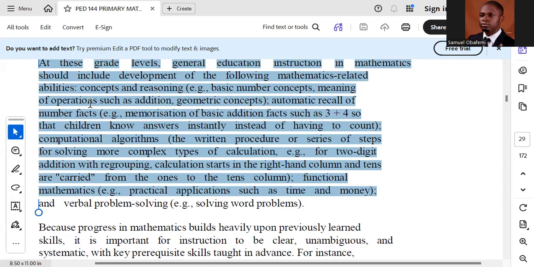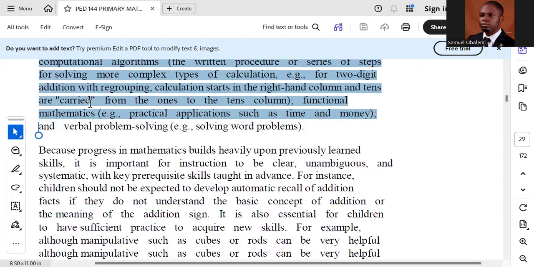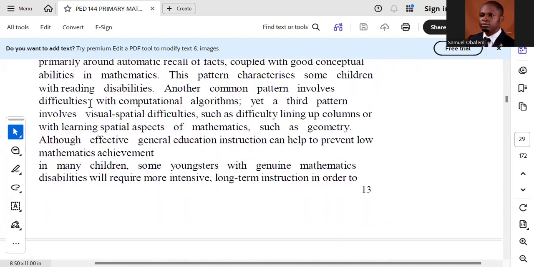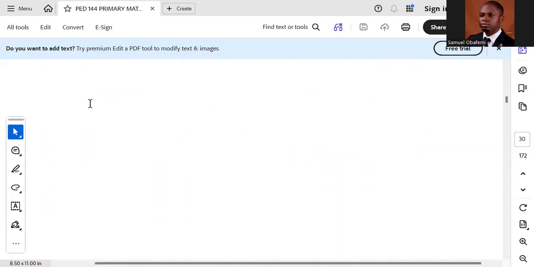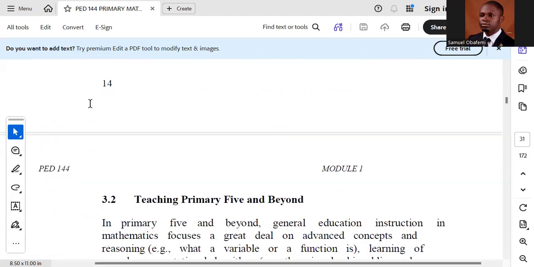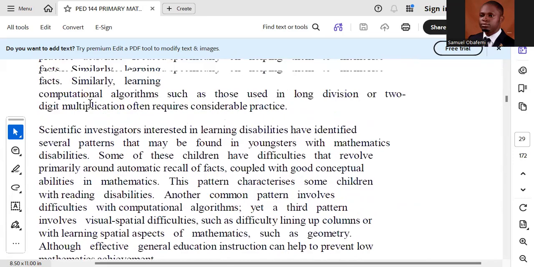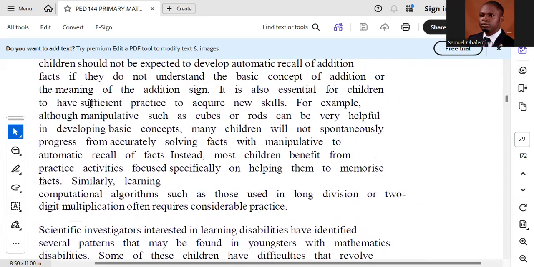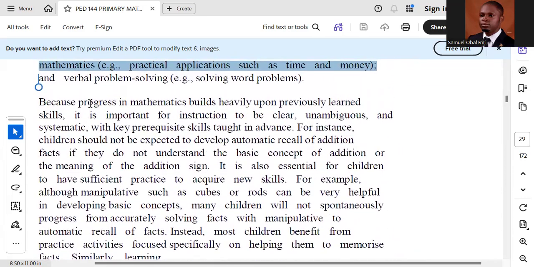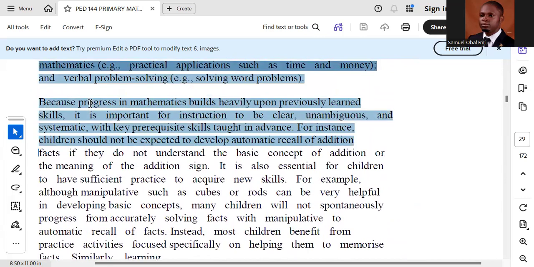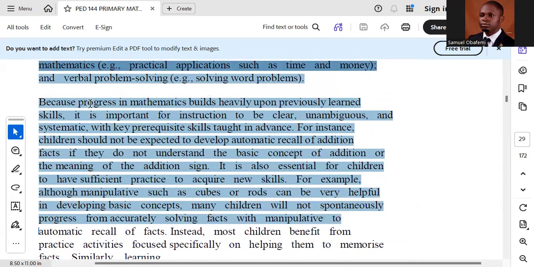Now, the second thing we'll talk about under effective ways of teaching kindergarten through primary 4 is what we call automatic recall of number facts.